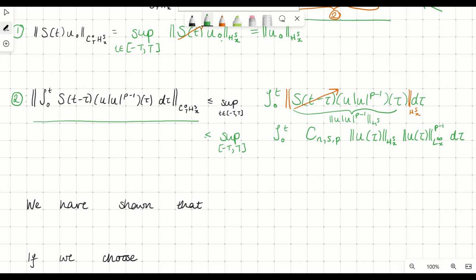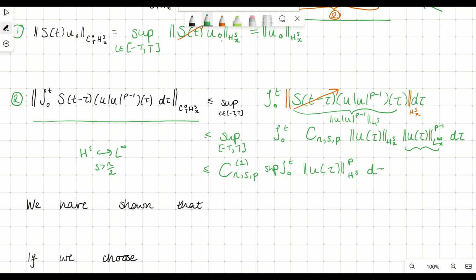Now we can use the Sobolev embedding of H^s into L infinity, because we chose s larger than n over 2, to bound this u in L infinity by u in H^s up to some constant. So this gives us some new constant, C_{n,s,p}, let's say, times this integral of u in H^s to the power of p.